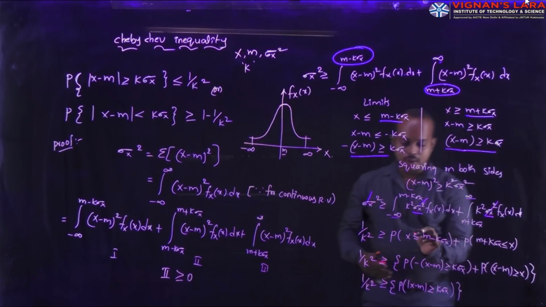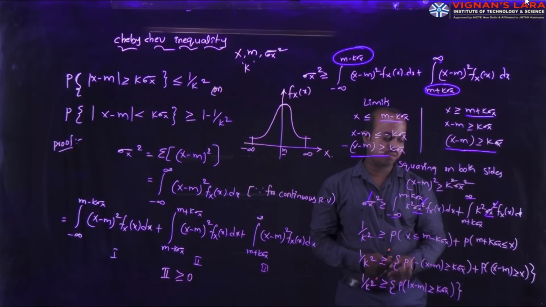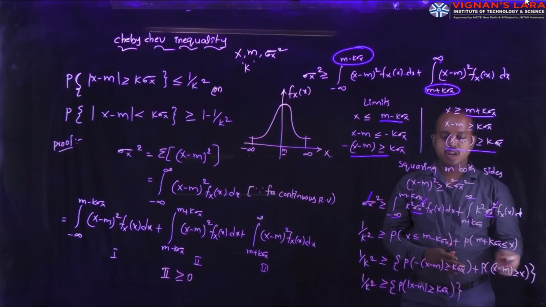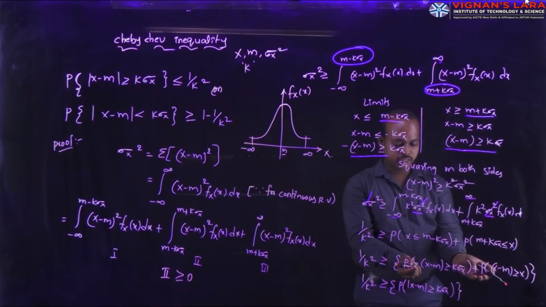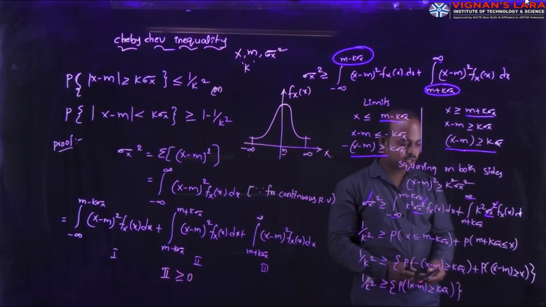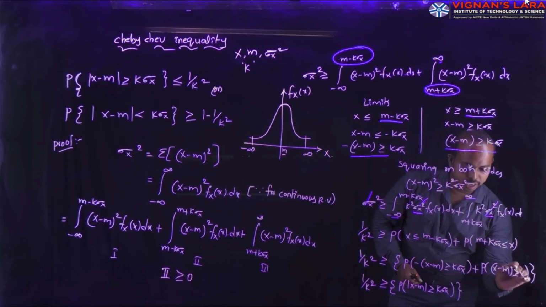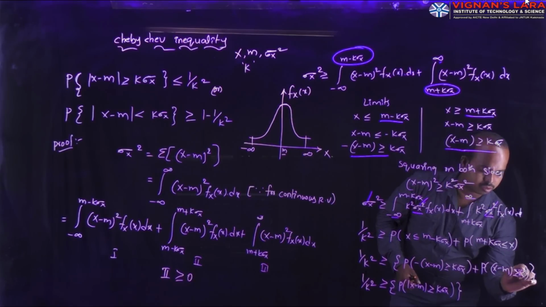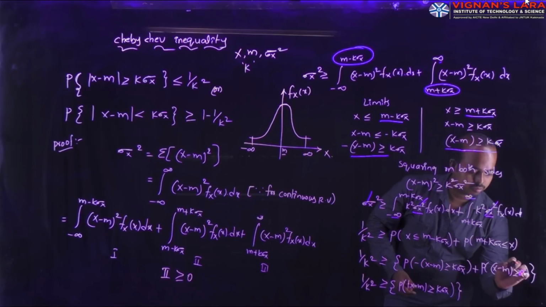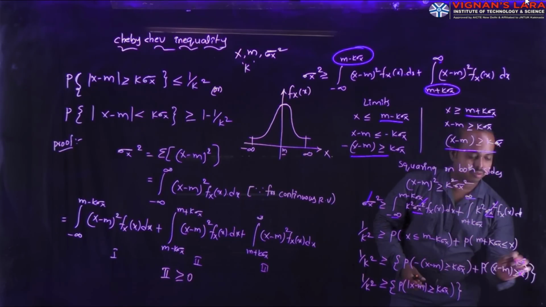Those are capital X less than or equal to m minus k into sigma x, and m plus k into sigma x less than or equal to capital X. Here also you can represent those quantities in terms of x minus m. Based on that, here you can change so k into sigma x.